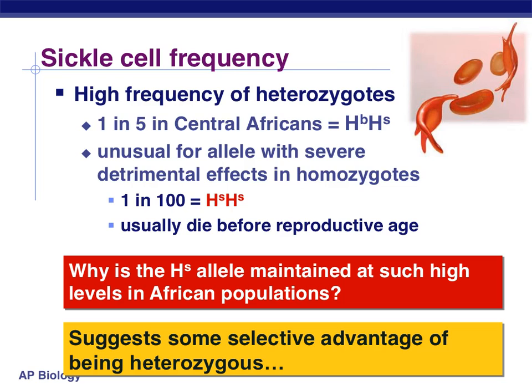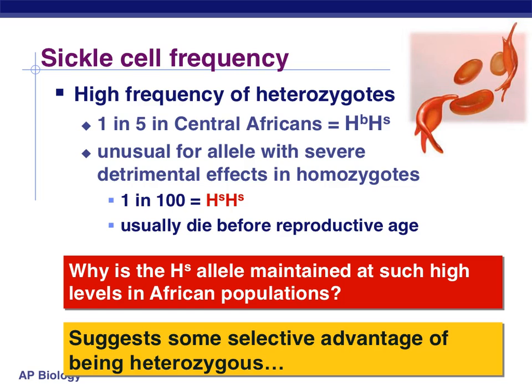This is quite a large number, this 1 in 5, for an allele that has such severe detrimental effects in the homozygous version. About 1 in every 100 Africans has full-blown sickle cell anemia, while about 1 in every 5 Central Africans has the heterozygote condition.